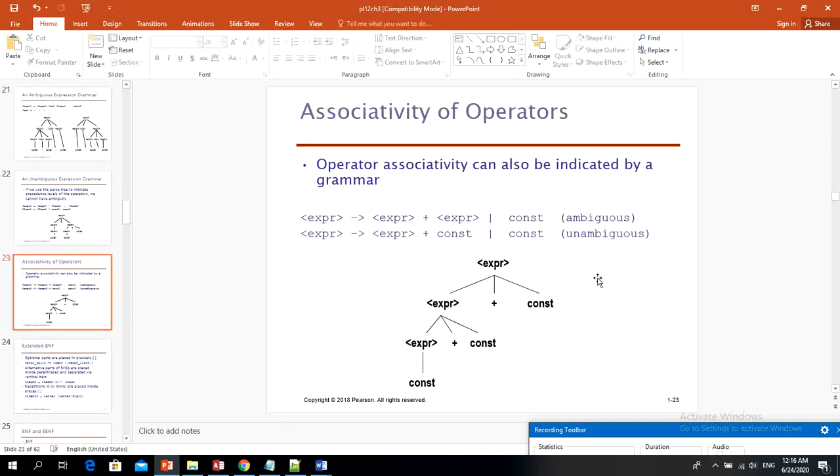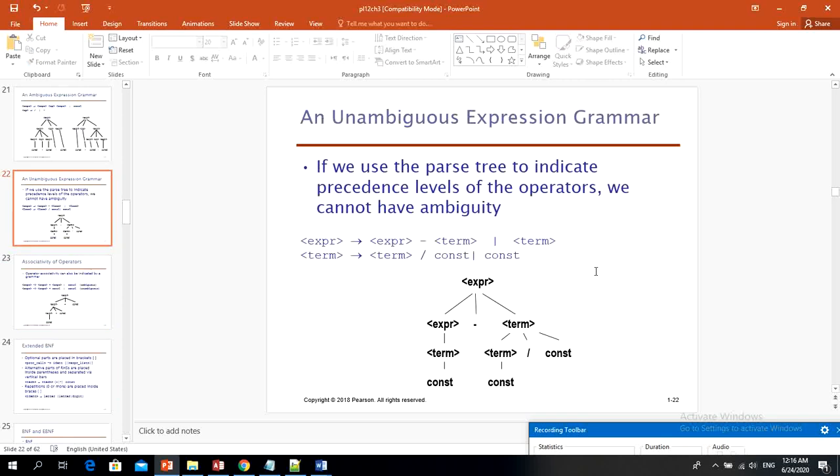An unambiguous expression grammar: if we use a parse tree to indicate precedence level of the operators, we cannot have ambiguity. Like in this example, we can only generate this parse tree. Expression leads to term minus expression, as in this one. And expression is a term, and a term is a constant.